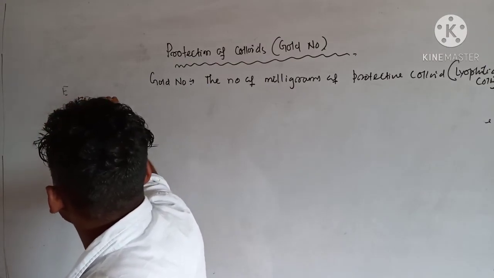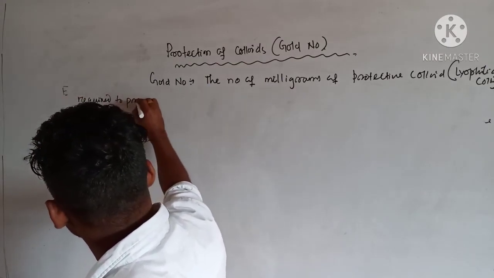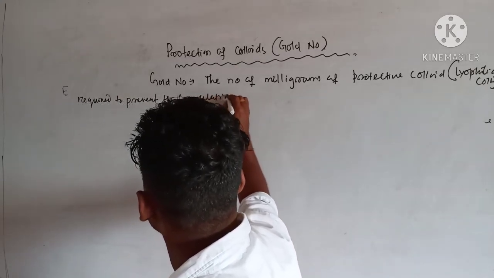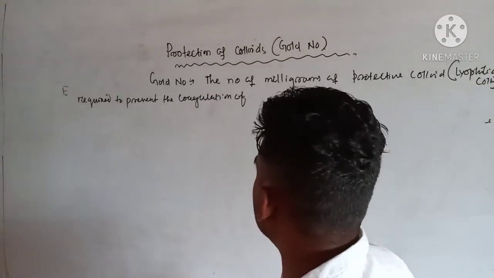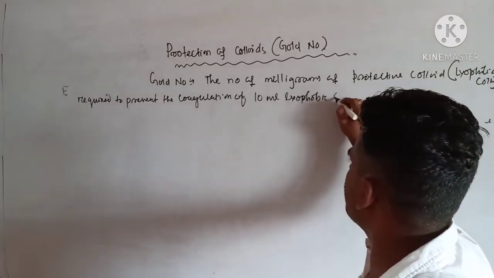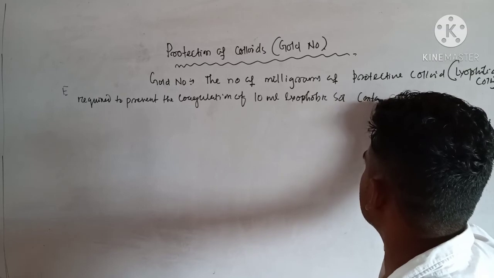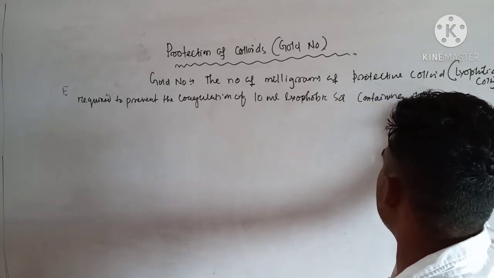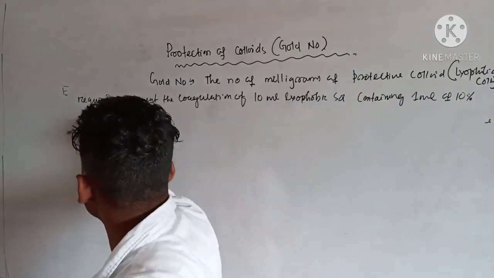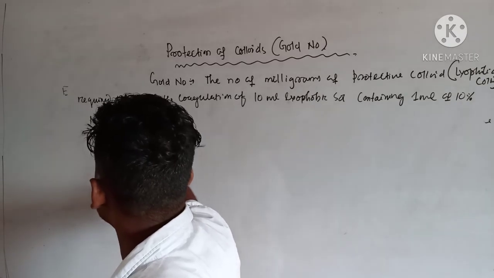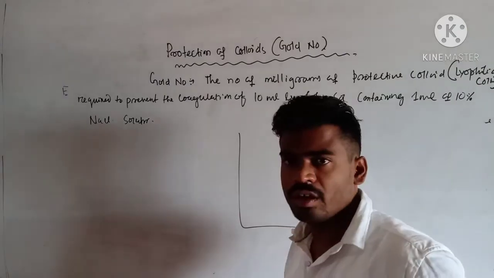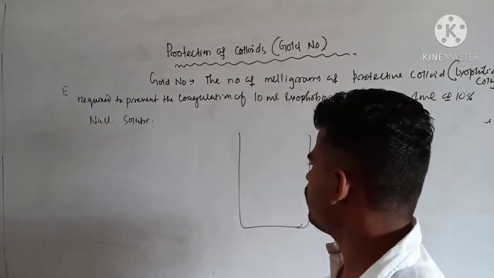required to prevent the coagulation of 10 ml of lyophobic sol containing 1 ml of 10% sodium chloride solution as your electrolyte. Suppose this one is a container, you need to find out the gold number, need to protect your lyophobic solution.